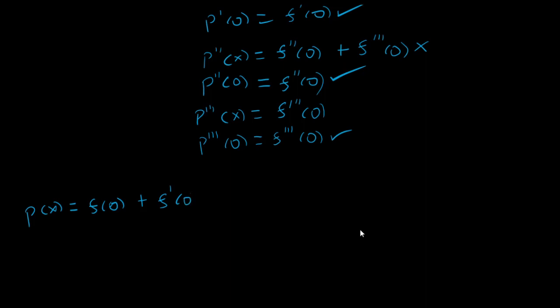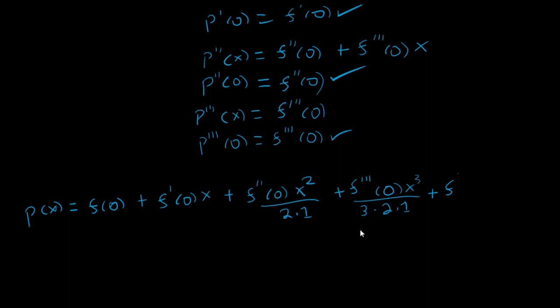First prime of 0 times x, still equal. Double prime of 0, x squared over 2 times 1. Still okay. And then f triple prime, the more terms we add, the better our approximation becomes. So the more I keep adding terms, 4, x to the 4th over 4 times 3 times 2 times 1, and so on and so forth, the better our approximation gets.